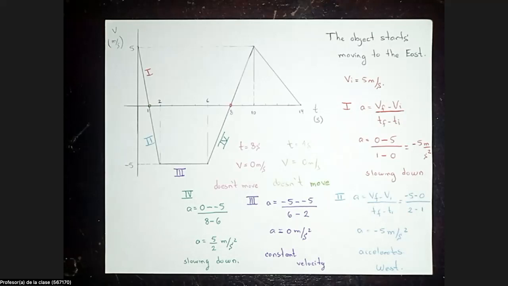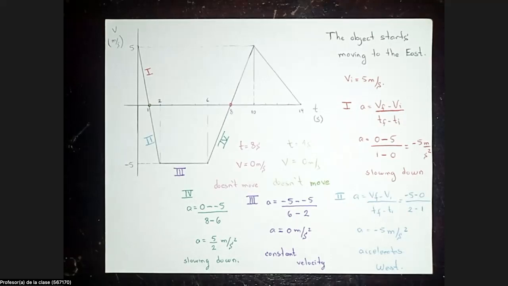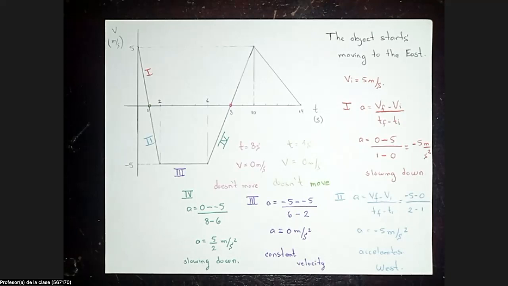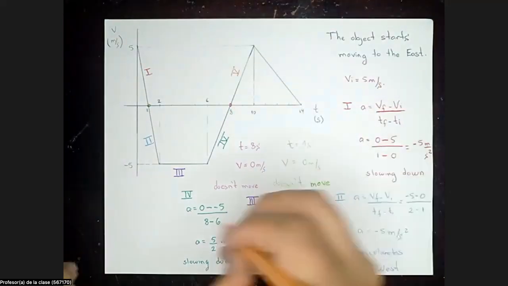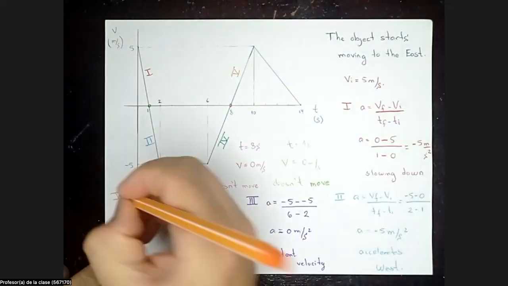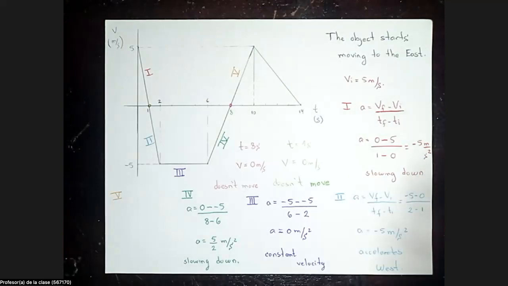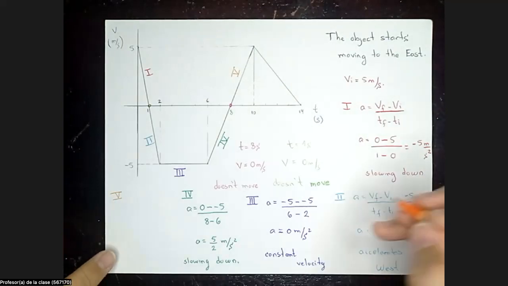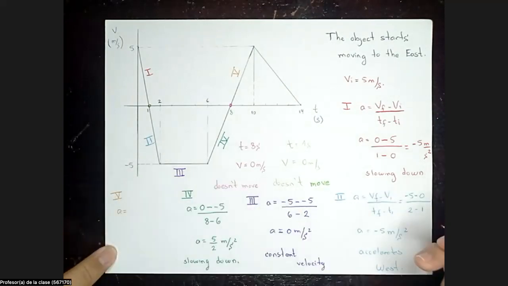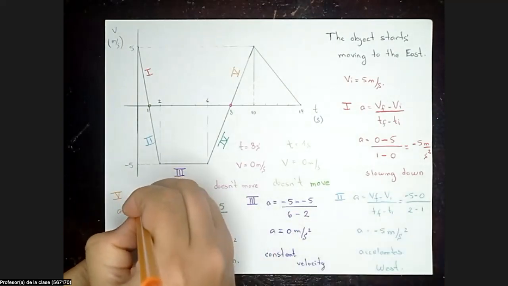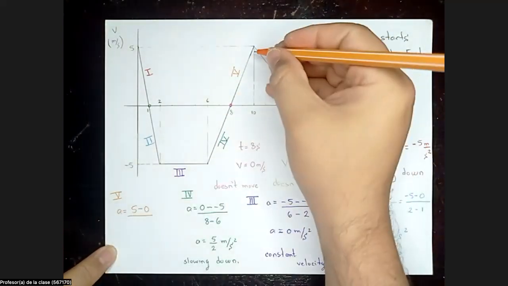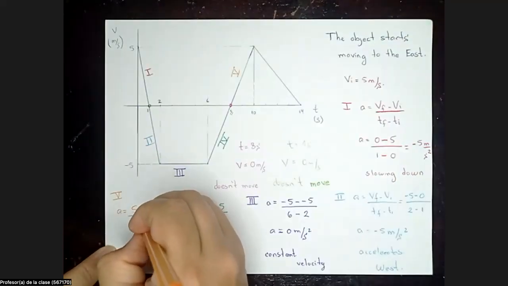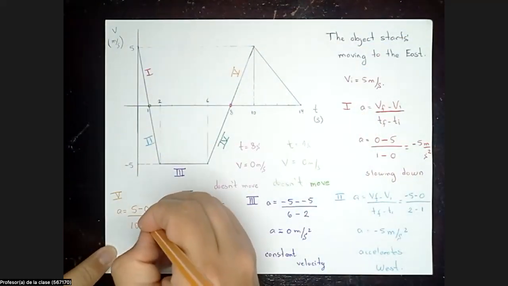Then it's going to be, let me see, the fifth interval. At this interval, again, the acceleration is going to be final 5, initial 0, final time 10, initial time 8.